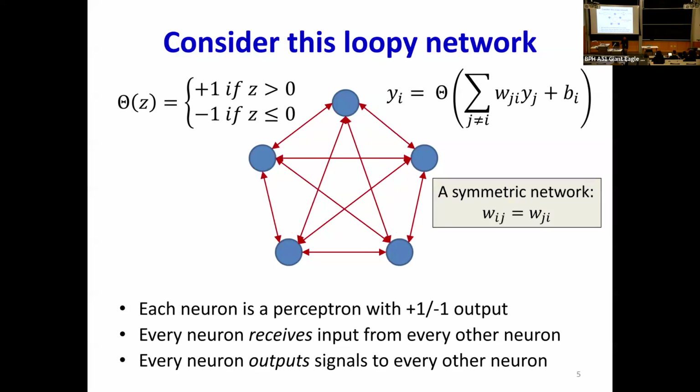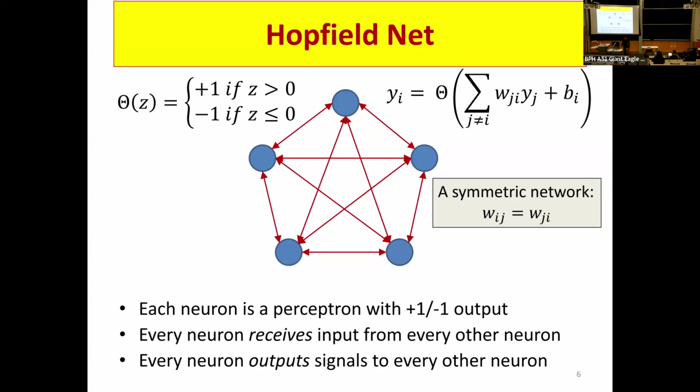And for further simplification, although this is not mandatory, I'm going to assume that the weights are symmetric. So the weight with which neuron I connects to neuron J is the same as the weight with which neuron J connects to neuron I. And this is what is called a Hopfield network. It's a loopy network where each neuron receives inputs from every other neuron and has a threshold activation.